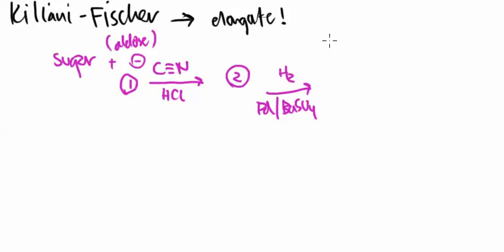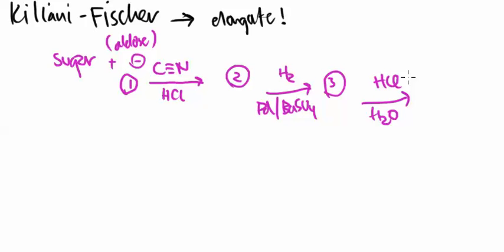Then we have a third step of the Kiliani-Fischer, and what happens is that we add acid yet again, typically in the form of hydrochloric and water. And this ends up with our elongated sugar. It elongates by 1 carbon only, and that is it.